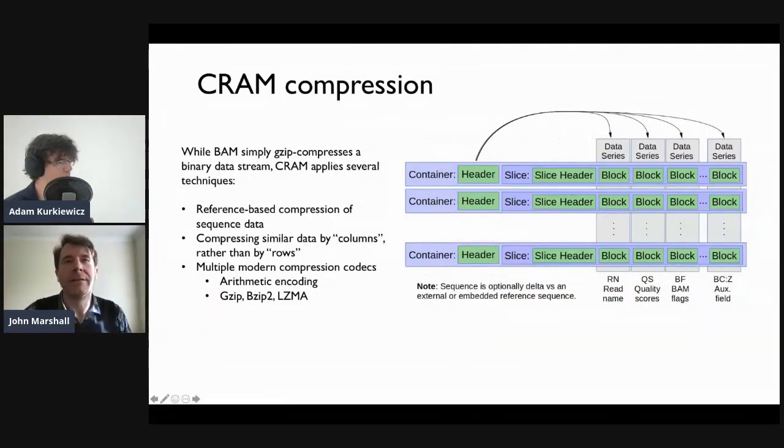The well-known technique in CRAM is reference-based compression. So rather than representing the sequence data directly in the file, it says, okay, this is the data that is at chromosome 1 position 10,000 in your reference, but at location 15 is a T instead of an A. So it doesn't have to represent all the rest of the data directly.